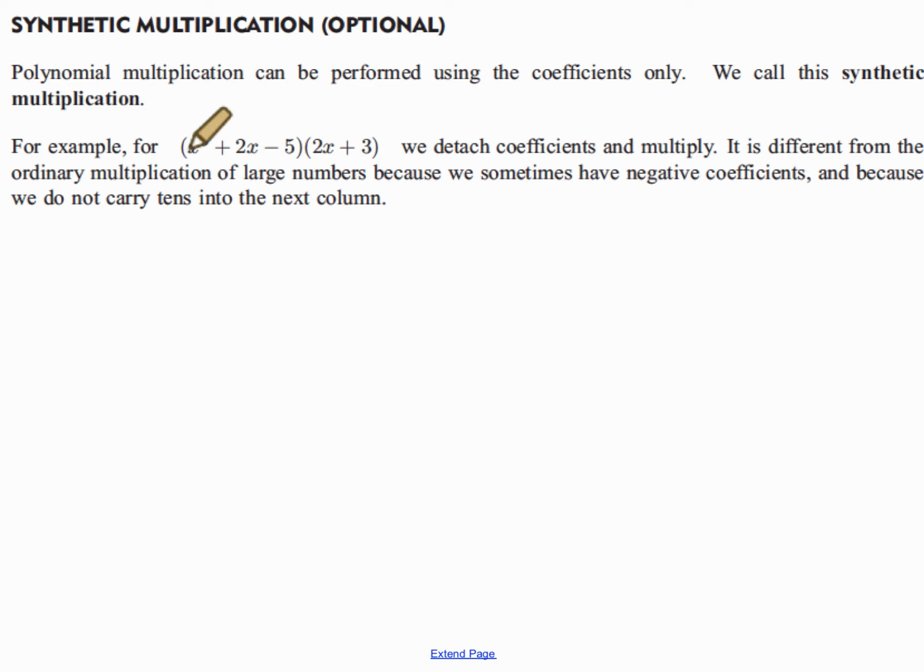We list the coefficients of the first polynomial. Actually, it should always be the longest polynomial. Since this is a trinomial, then we'll list those coefficients first. If it's a trinomial times a trinomial, then it doesn't matter. So 1, 0, 2, minus 5.